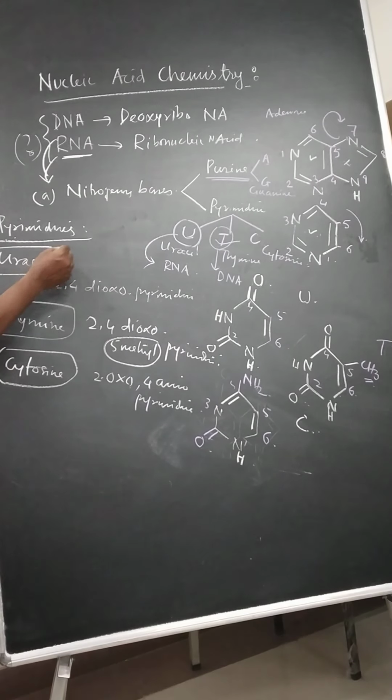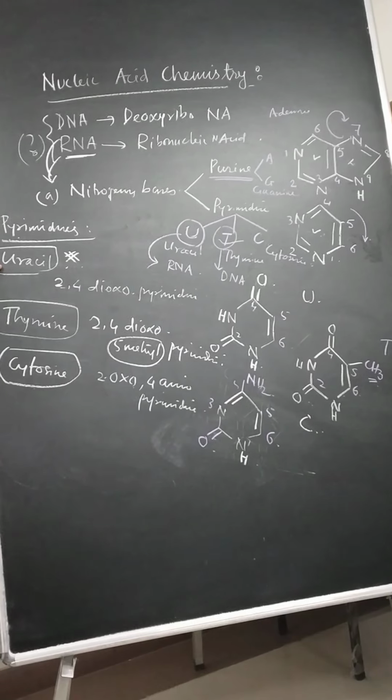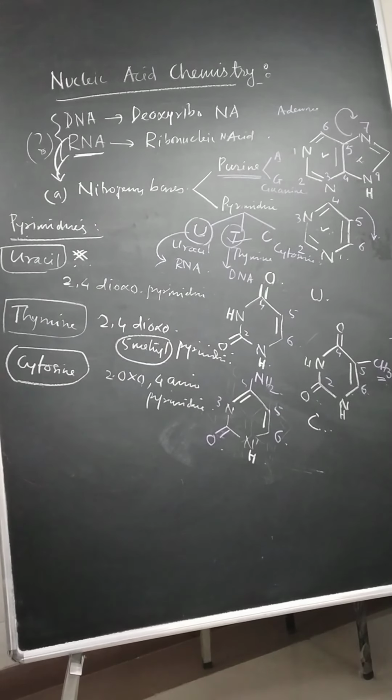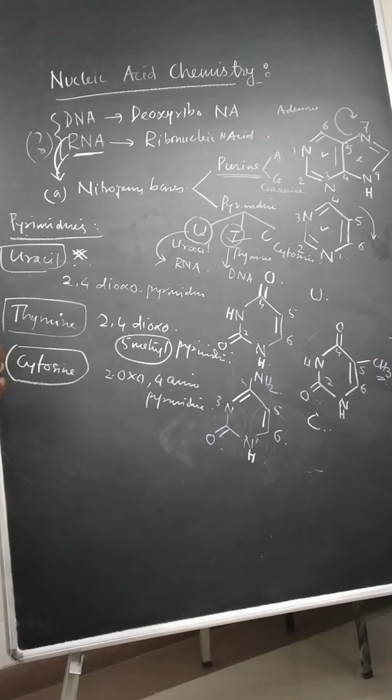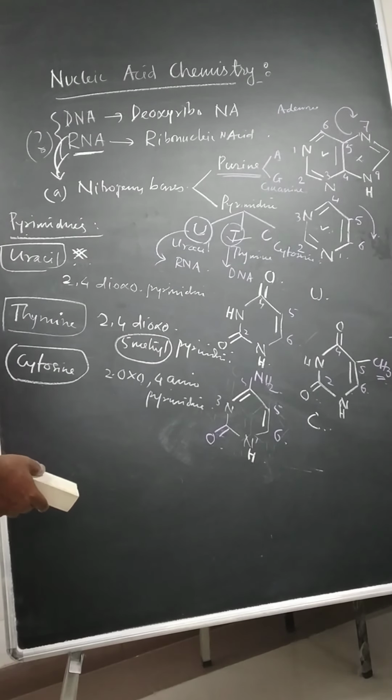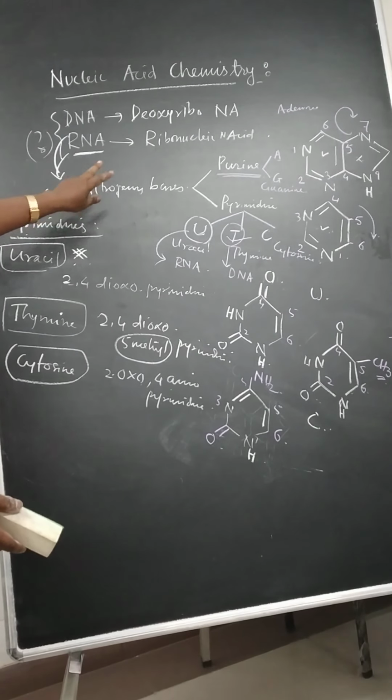Now you just remember that uracil is present in RNA, whereas in place of uracil, thymine is present in the DNA. Uracil is never present in DNA, and thymine is never present in RNA. So these are the 5 nitrogenous bases that are present in the DNA or RNAs.